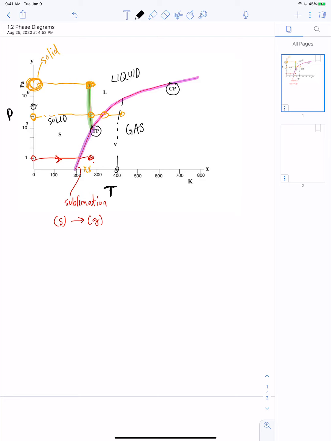I picked kind of a weird one because it's very close to the phase transition. But here I'd be a gas. Or if I was at 500 degrees and 10 to the 3rd, what would I be? Again, I'd be a gas. So that's one way to do it: you take the coordinates of the pressure and the temperature, and you can figure out what phase a particular substance is going to be in.